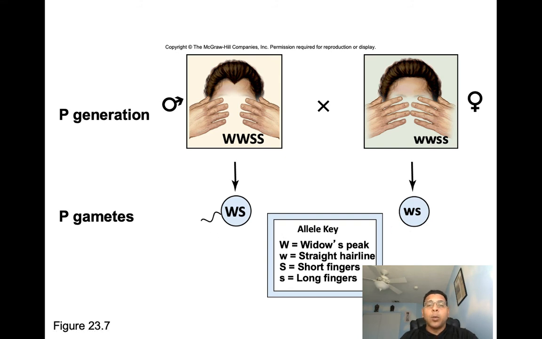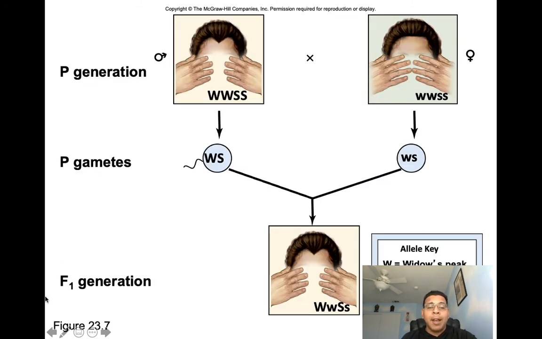So here now we can see when these gametes come together in fertilization, the offspring, the F1 generation, is going to be an offspring that has the genotype capital W, which came from here, lowercase w, you can see here, capital S, here, lowercase s, which came from here.